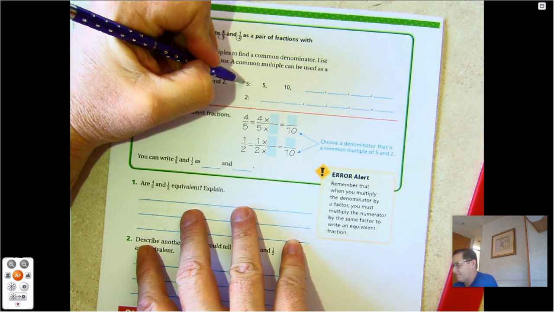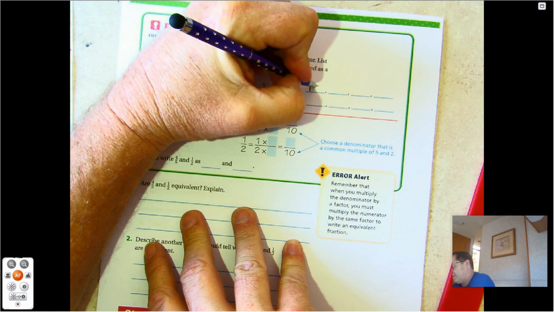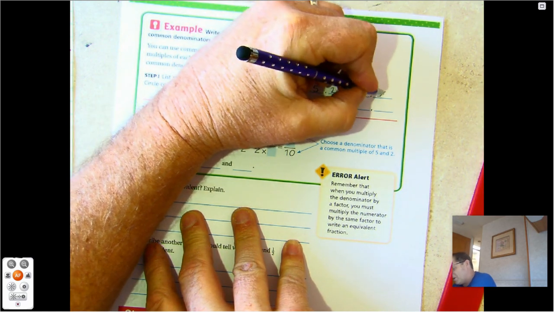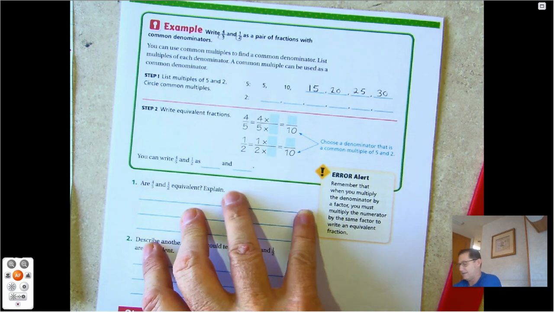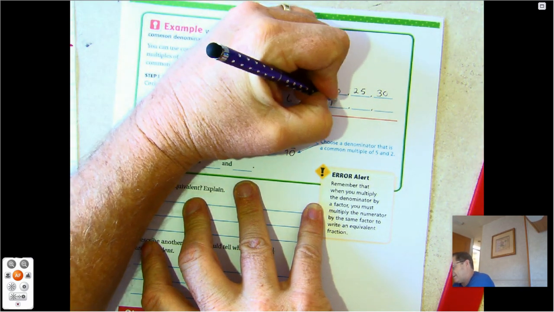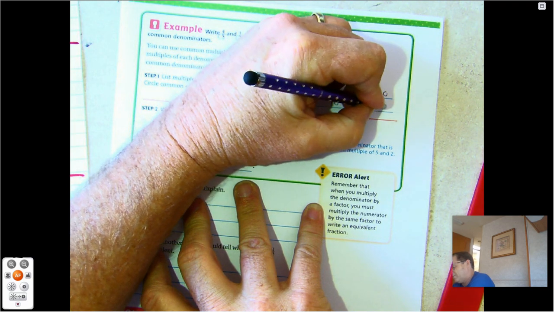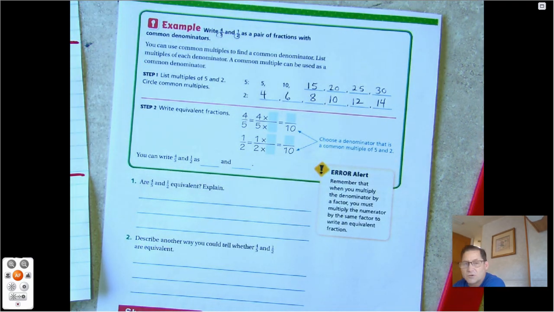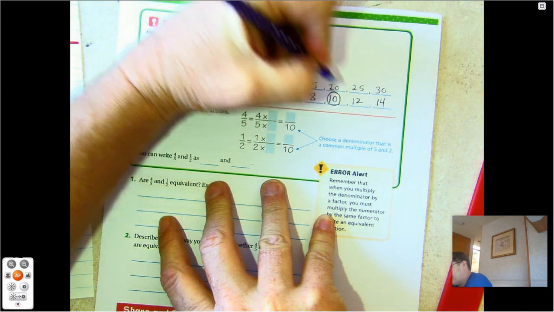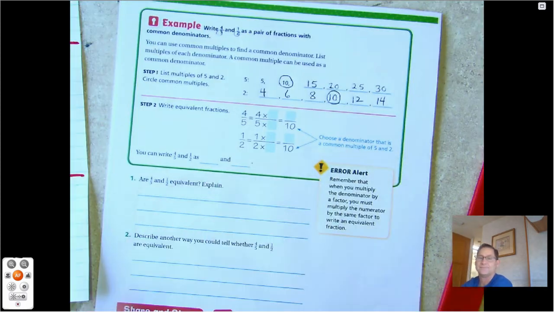So 5, 10, 15, 20, 25, 30. Okay. And 2, 4, 6, 8, 10, 12, 14. Circle the common multiples. Well, the first common multiple I see is 10.